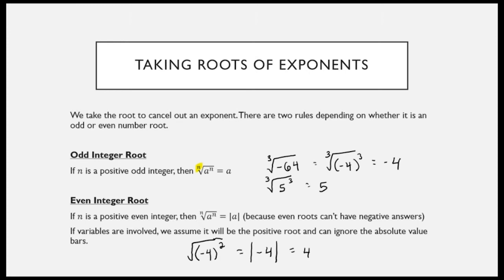So your answer here is 4. And this is a special rule for even roots. The reason for that is because if we had an answer of -4, we would say -4 to what power gives me -4 squared, which was 16.